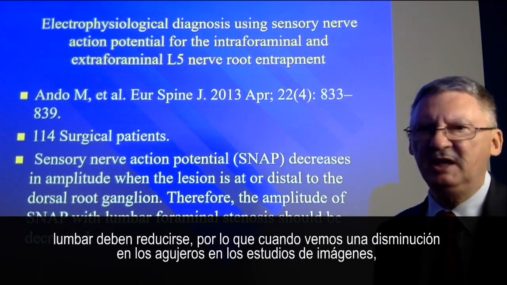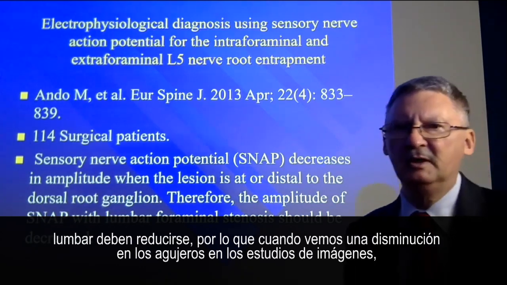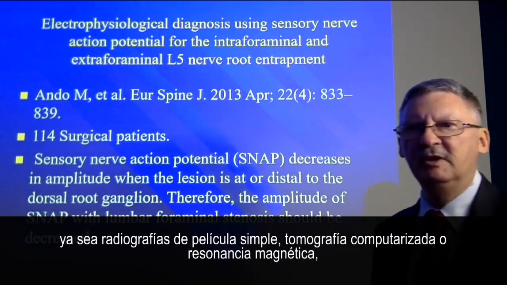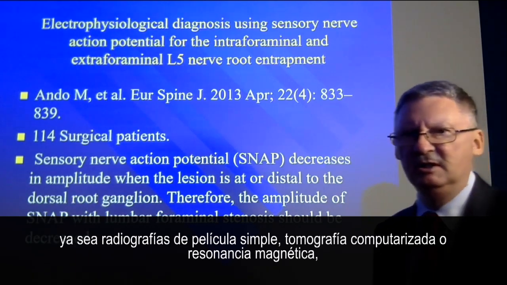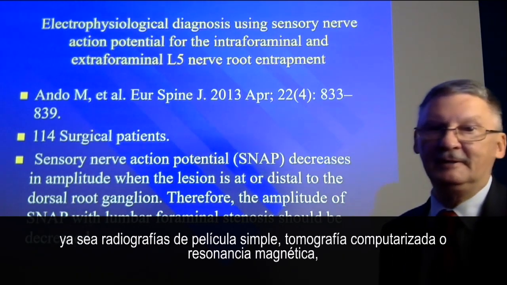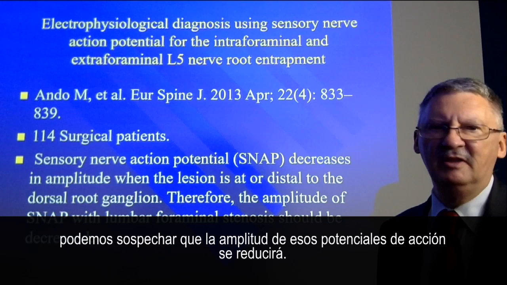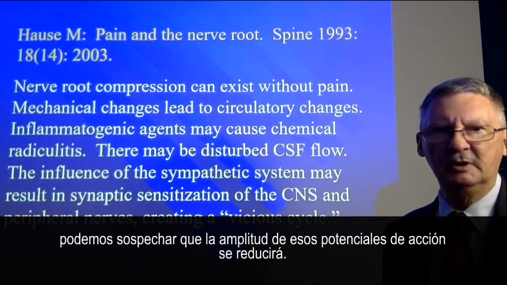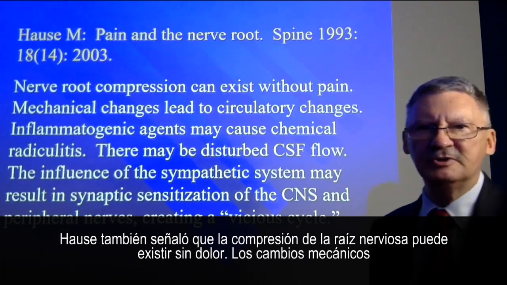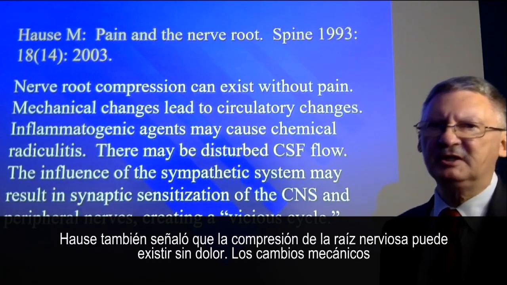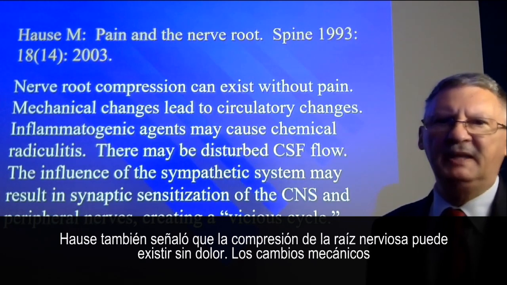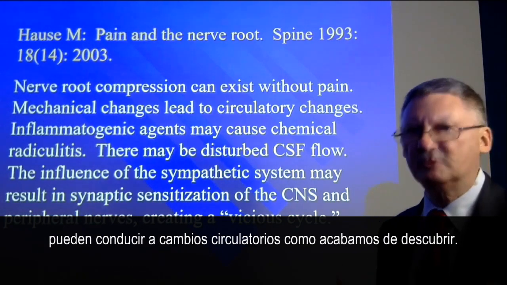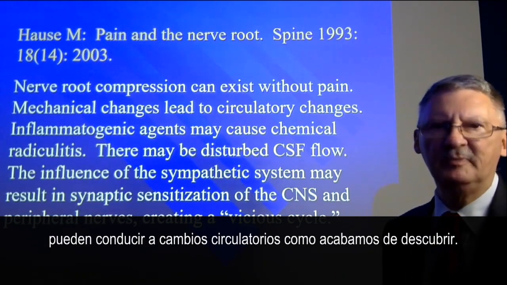So when we see a diminution in the foramina on imaging studies, be they plain film radiograph, CT, or MR studies, we can suspect that the amplitude of those action potentials will be lowered. House also noted that nerve root compression can exist without pain. Mechanical changes lead to circulatory changes, as we just found out.